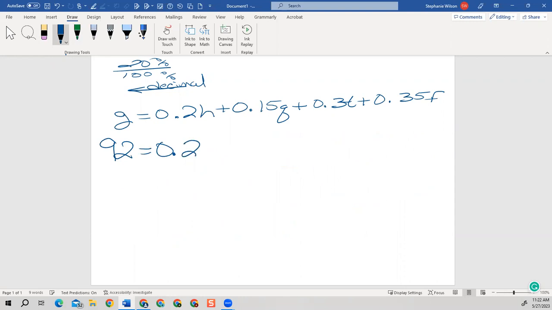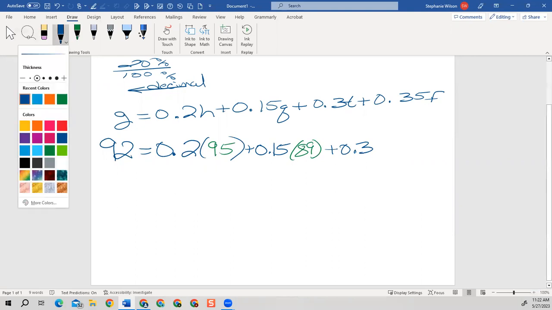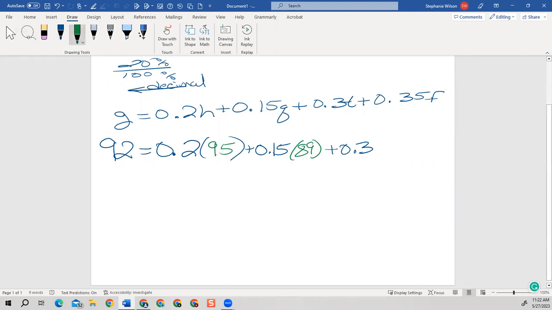Say that for the homework grade, we made a 95. And our quizzes, we made around, let's say, an 89. Our tests, let's say we made around 91.